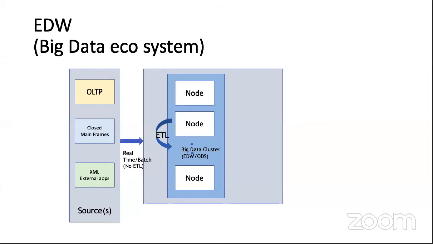And depending upon the company, they use different terms. So in one of the projects I'm working on, the entire cluster is called the data hub. The ODS layer is called the raw layer, and the EDW layer is called the normalized layer. And then the layer which actually serves the clients is called the user access layer.